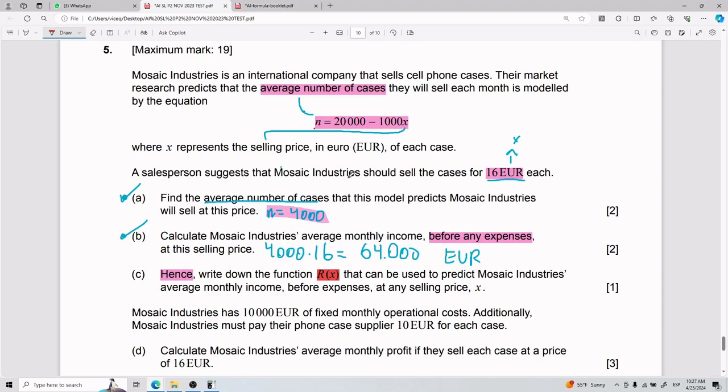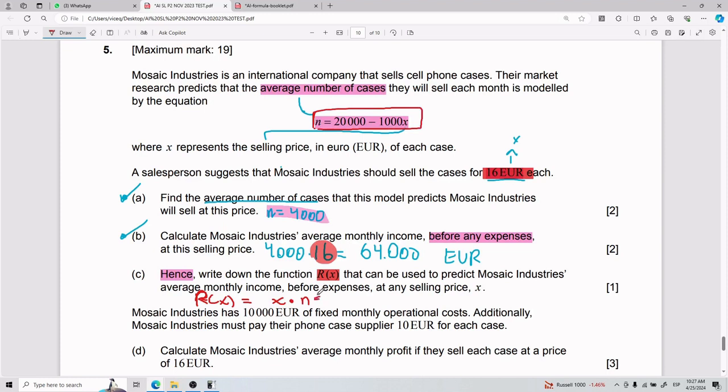And so all I really did was that this N, I multiplied it by my price. Technically I found an N of 4,000, and then this N of 4,000, I multiplied it by my price, correct? So technically, R(x) is just going to be your price x times your amount N, right? But N we said was this.